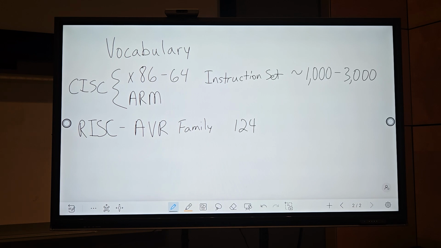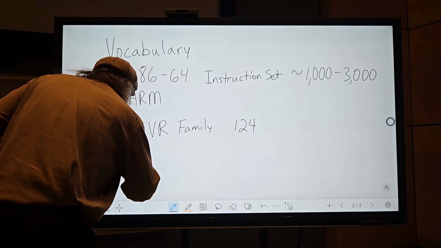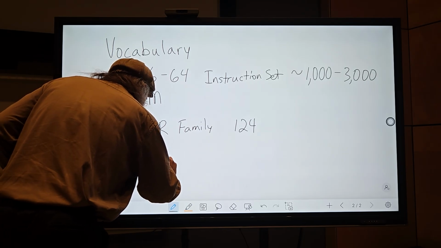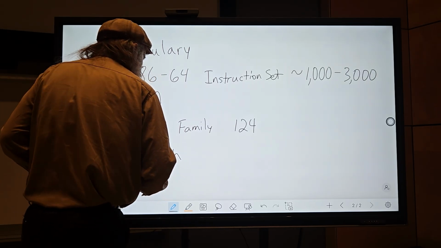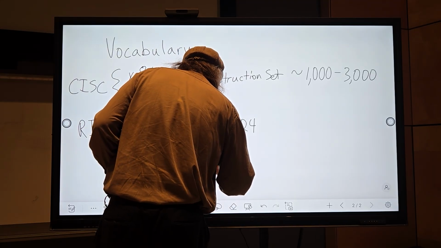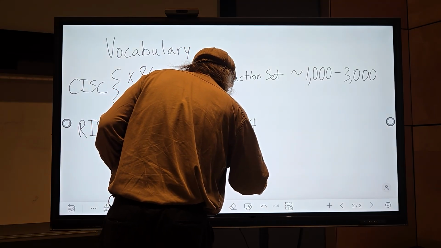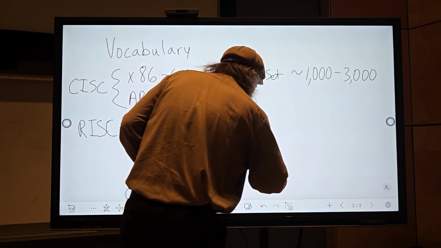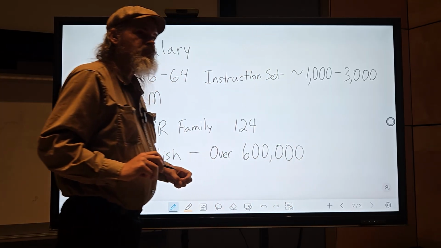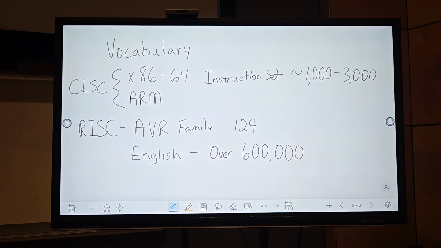But all this is in comparison to English, which the Oxford English Dictionary has over 600,000 different words. And English is what we speak every day, and we've learned that.